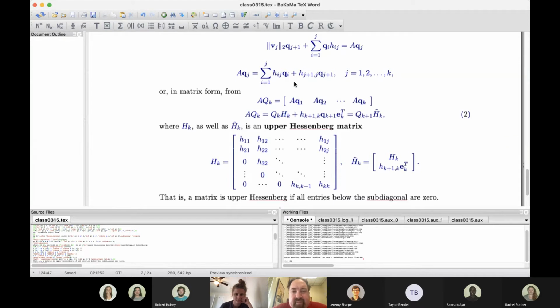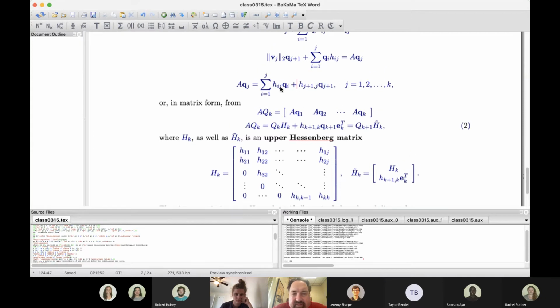If I put these in a matrix also, then it can be recognized as this kind of matrix product. The thing to keep in mind, to help you understand these expressions, is that here we have a linear combination of these vectors qi.